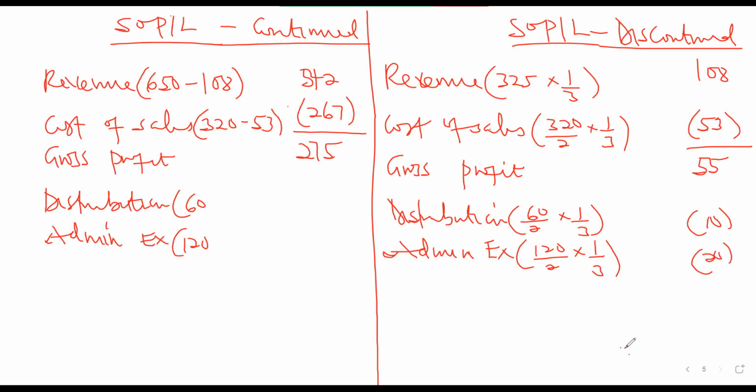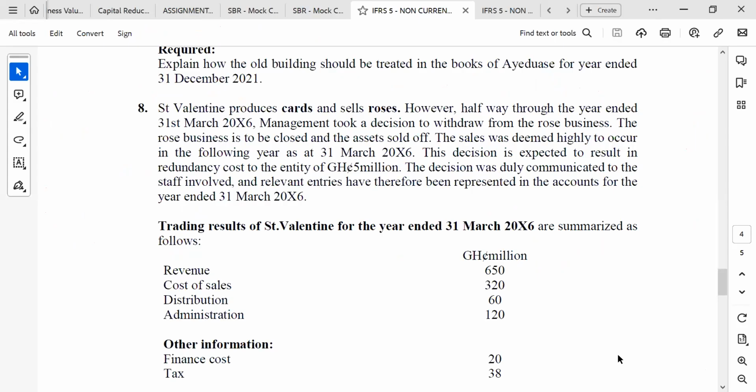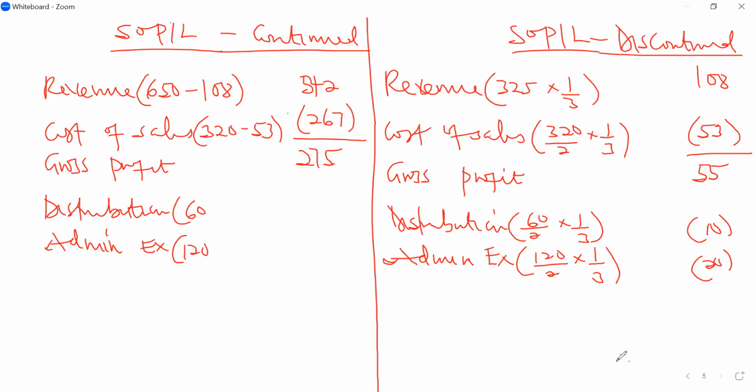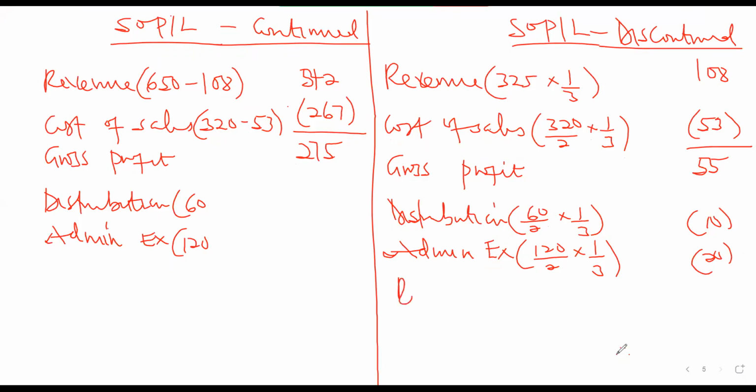There's something in the heading there. They are saying that this decision is expected to result in a redundancy cost to the entity of 5 million. What is bringing the redundancy cost? It is because of the discontinued operation, so the discontinued operation will be the one to bear the redundancy cost.